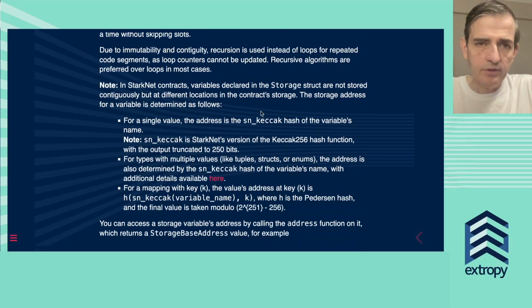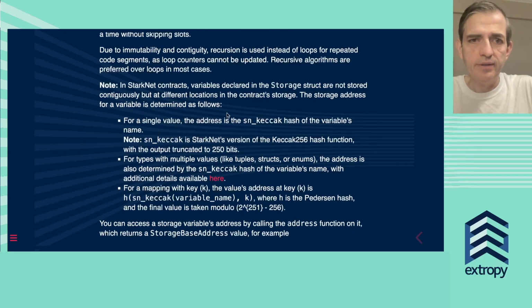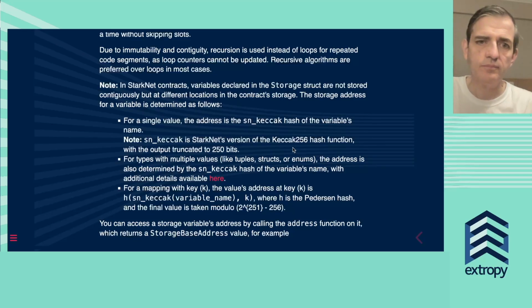To find the value in storage for a particular variable, for a single value, we take a certain type of hash of the variable's name. This is a particular Starknet version of the Keccak hash function.